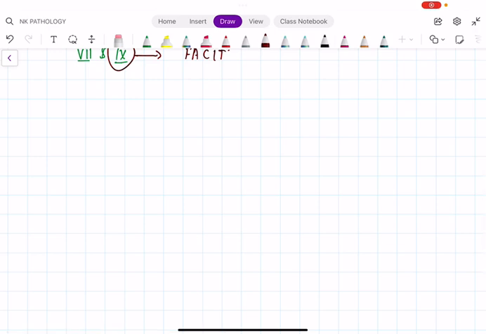Once that is done, let us discuss glycoproteins. Glycoproteins are molecules that mainly help in cell-to-cell interaction. We have 3 types mainly. A, fibronectin.